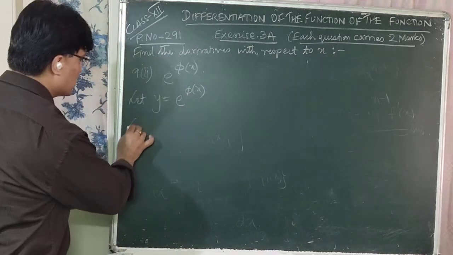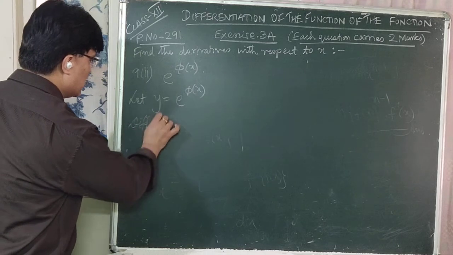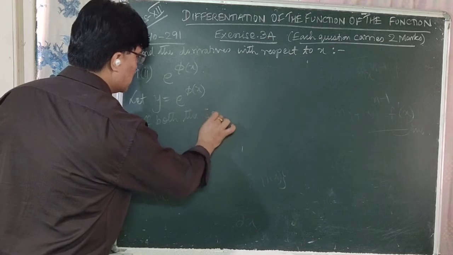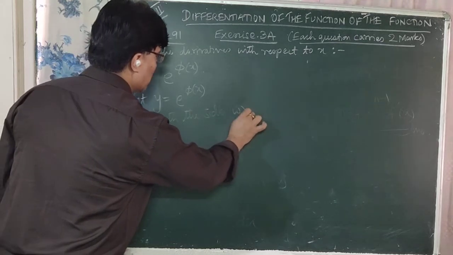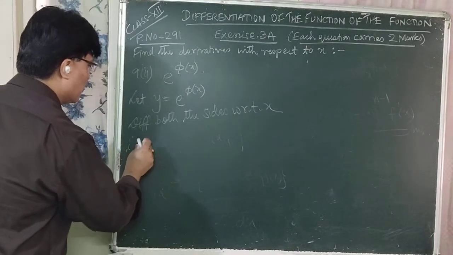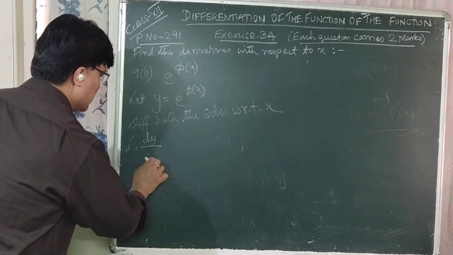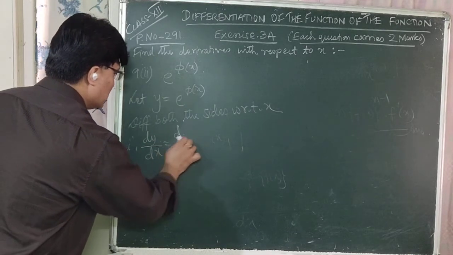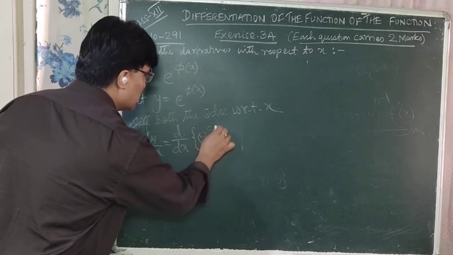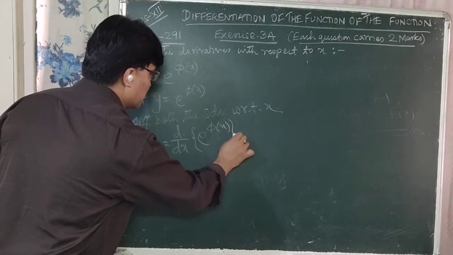Okay, so let us write down, differentiating both the sides with respect to x. So therefore dy/dx is equal to d/dx of, write it within second bracket, e to the power phi of x.